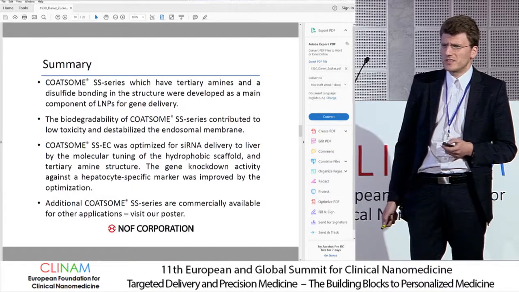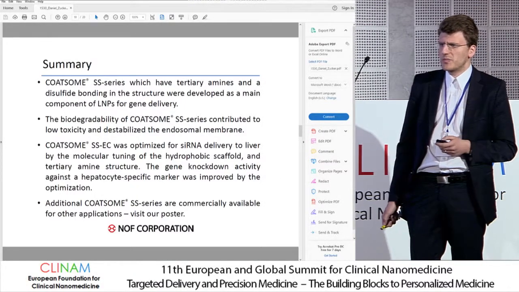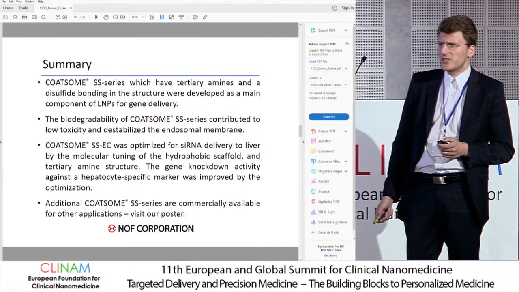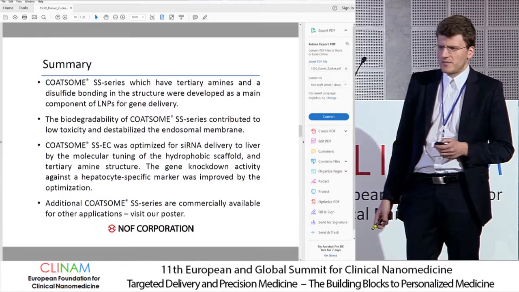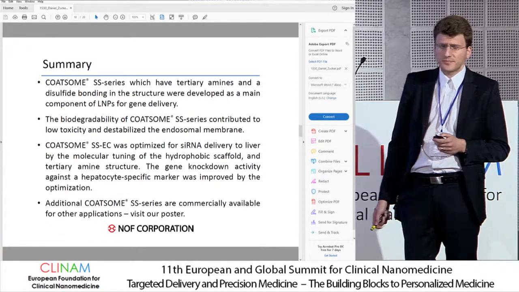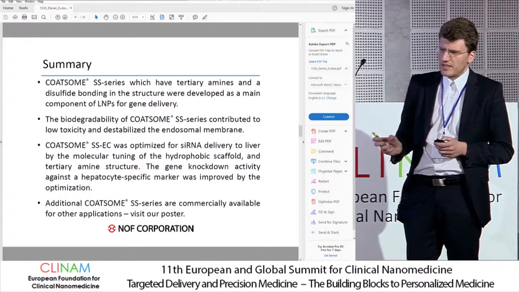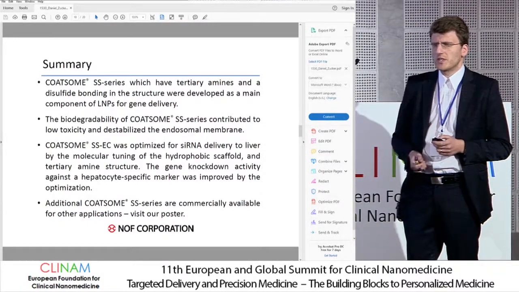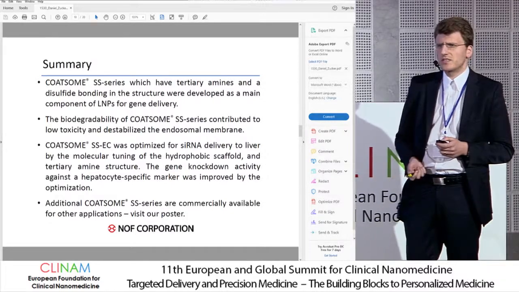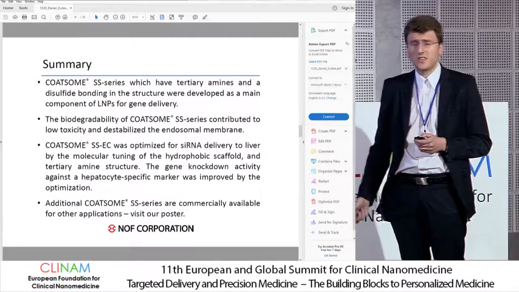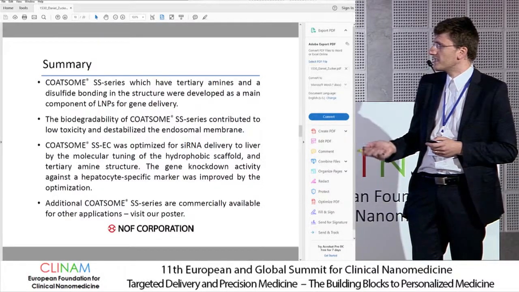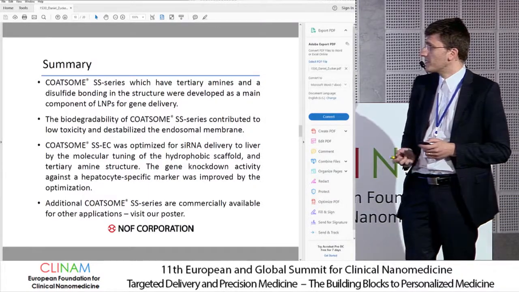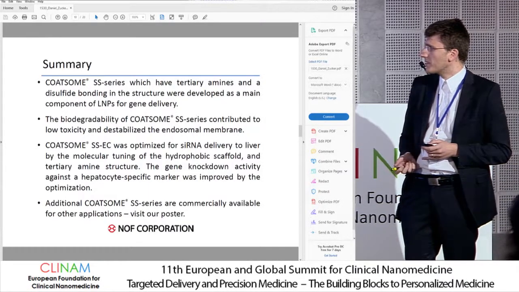So we developed the new ionizable lipids, the COATSOME SS series, which have optimized tertiary amines for delivery of nucleic acids, and they have the disulfide bonds, which makes them significantly less toxic than other transfection agents. The COATSOME SS-EC construct was specifically optimized for siRNA delivery to the liver.